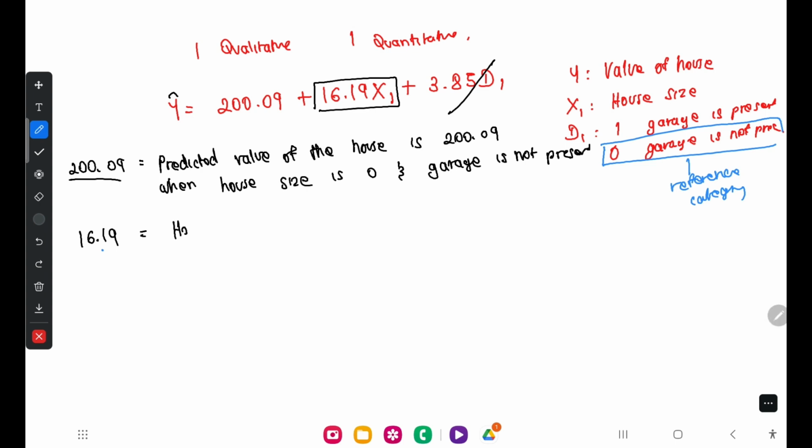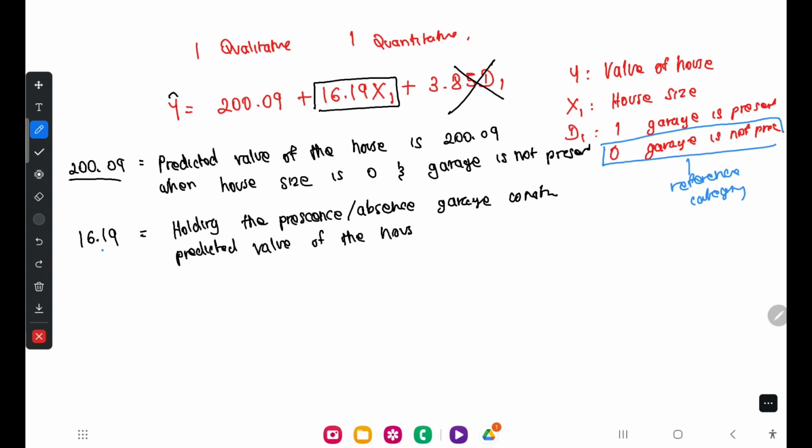So holding the presence or absence of a garage constant, okay, when this is constant, the predicted value of the house is expected to increase by 16.19 when the house size increases by 1. Correct, right?